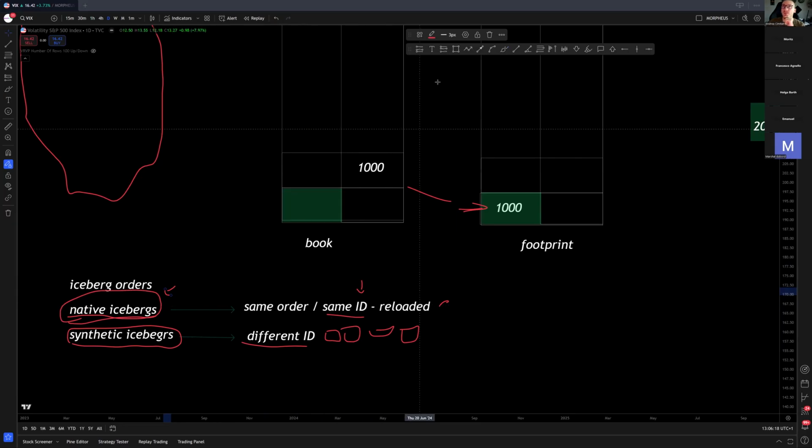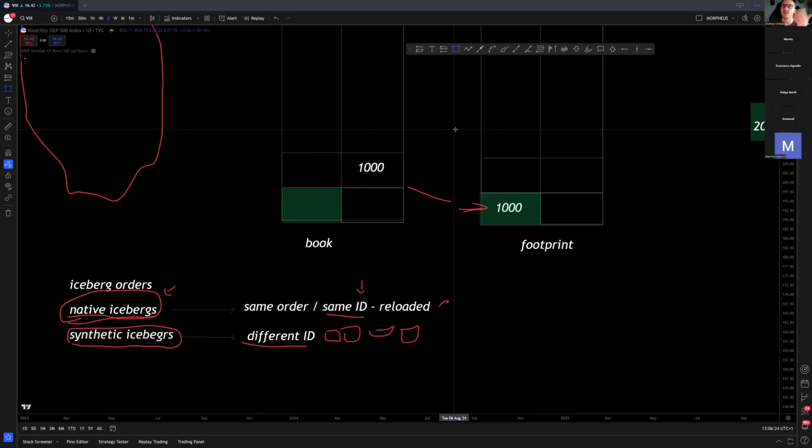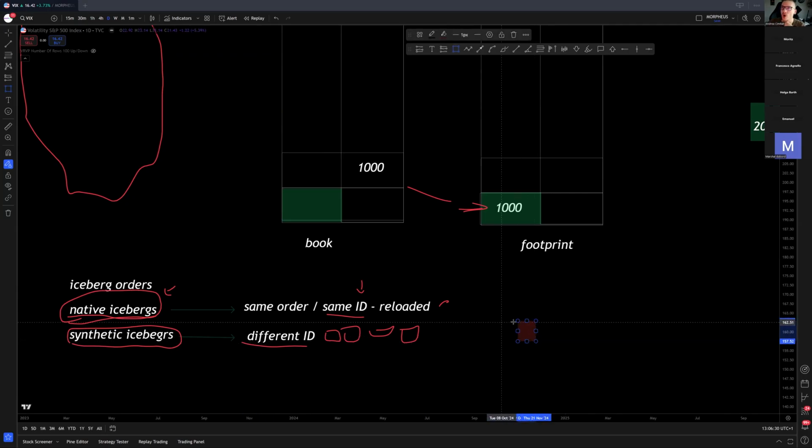So the cool part is, now you would say, hey, synthetic icebergs sound way better. You're anonymous. The thing is, with a synthetic iceberg, it's different orders, so you're constantly at the back of the queue.